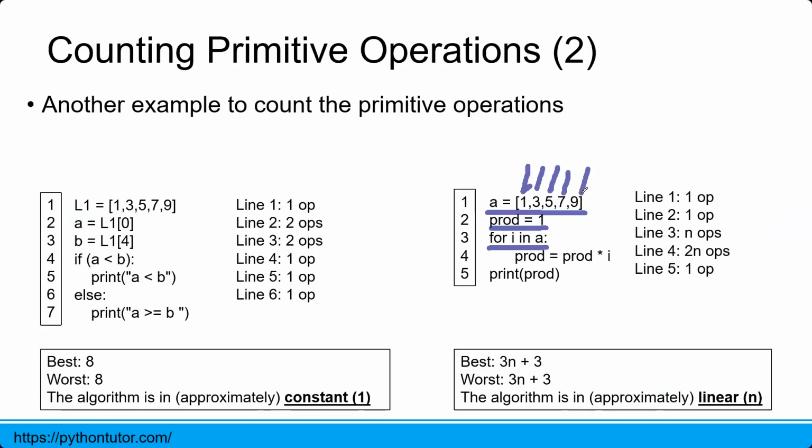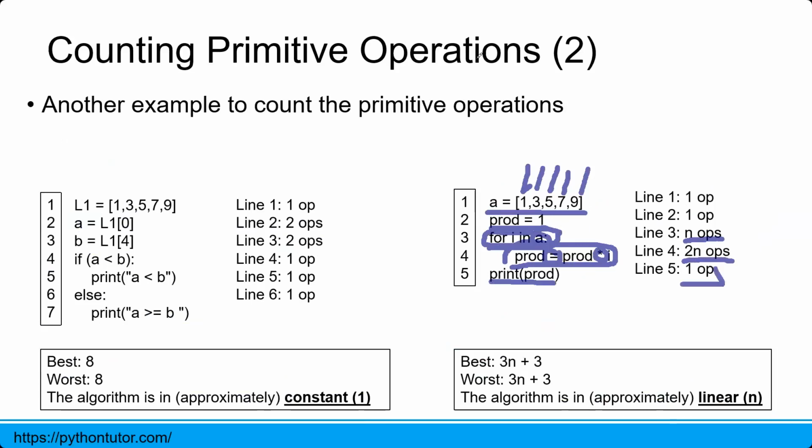For this one, we will multiply, or we will check for every element. If there are 5 elements, then we will do it 5 times. If we have 10 elements, then we will do it 10 times. So because this is an operation, it depends on the number of elements. And we will do this operation, which is the assignment 1 and multiplication 2. So there are 2n operations. The last one is only one operation.